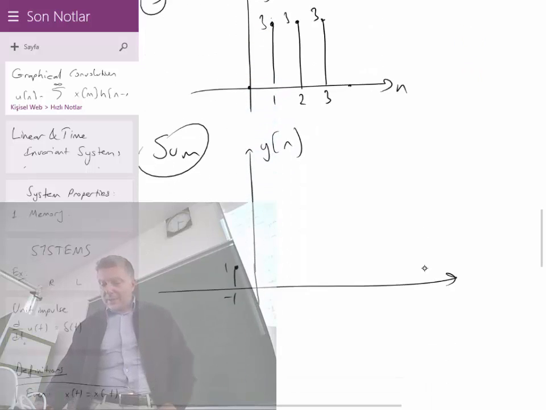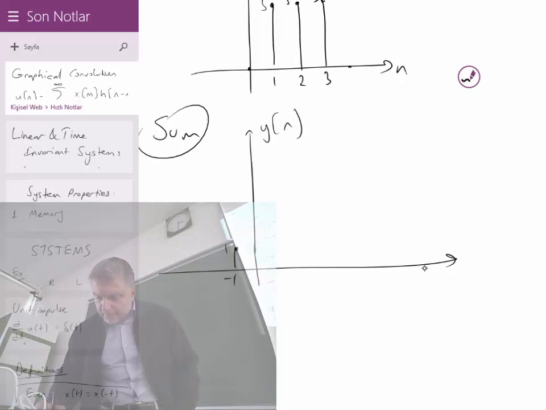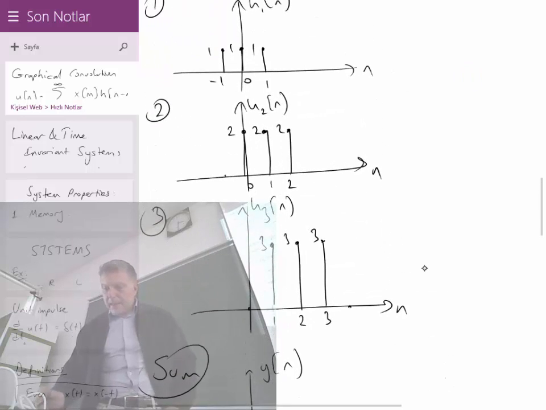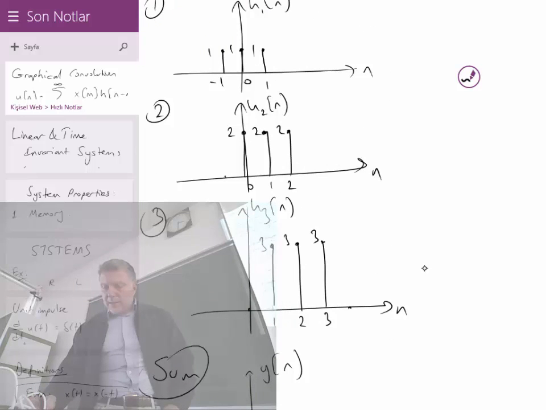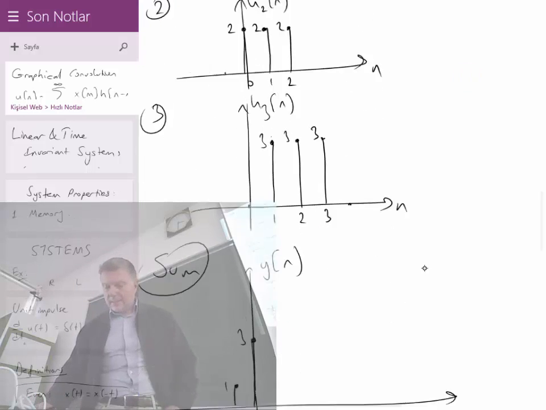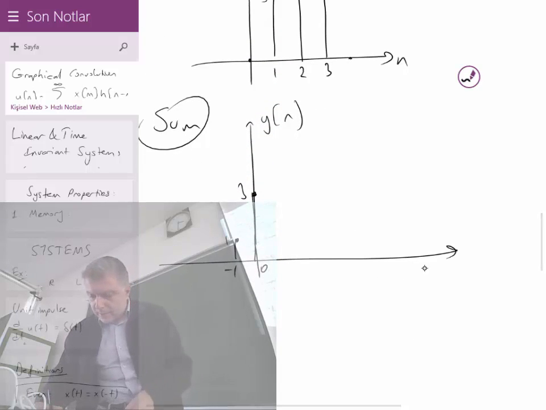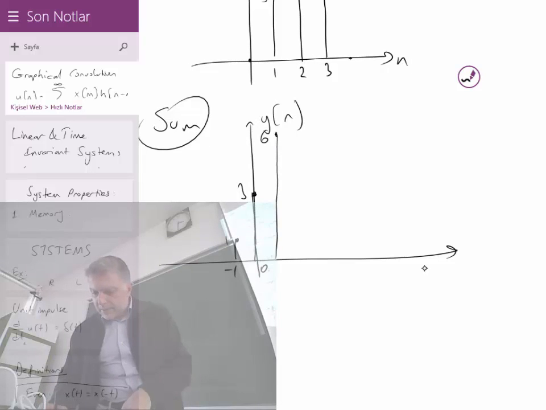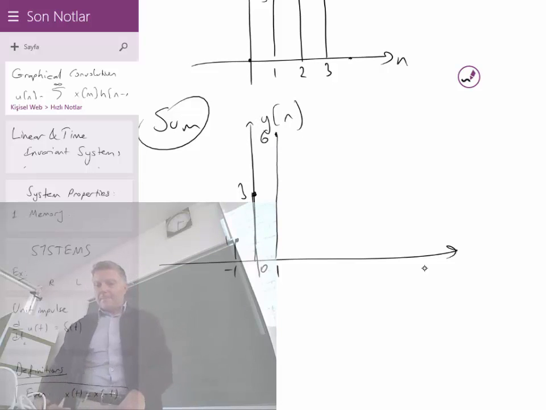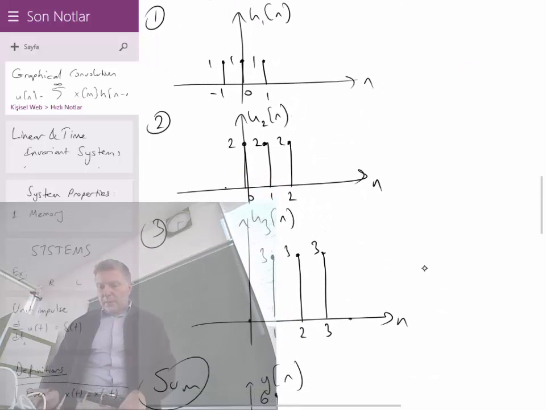And then we have 1 here at the top, 2 here, and a 0. So 1 plus 2 is 3, 3 at 0. Then at 1, this is 1. This is 2. This is 3. What's the summation? 6 at 1. At 2, it is 0 plus 2 plus 3.